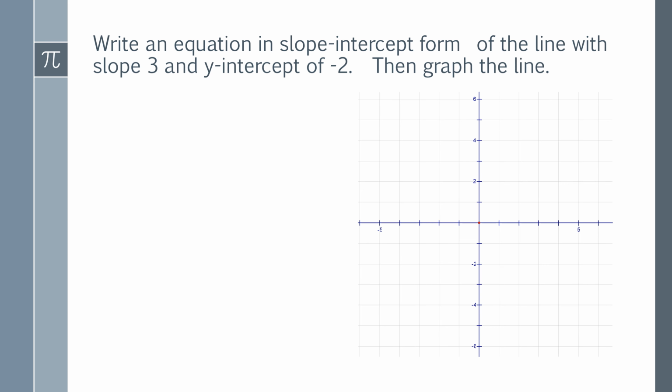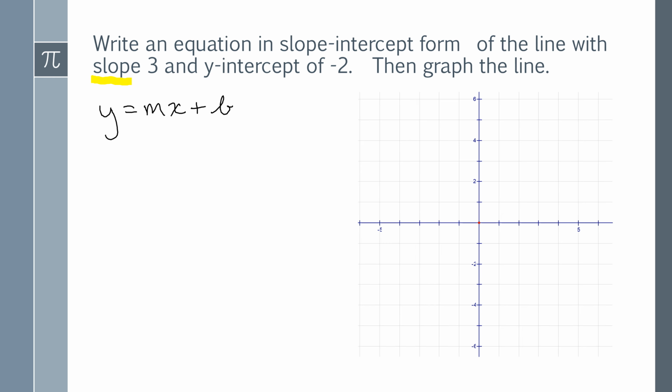Okay, so we're going to write an equation in slope-intercept form of the line with slope of 3 and y-intercept of negative 2, and then we're going to graph the line. So again, we use the form y equals mx plus b. We take this information and see what we've got.